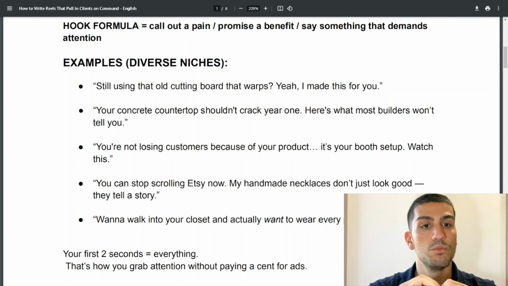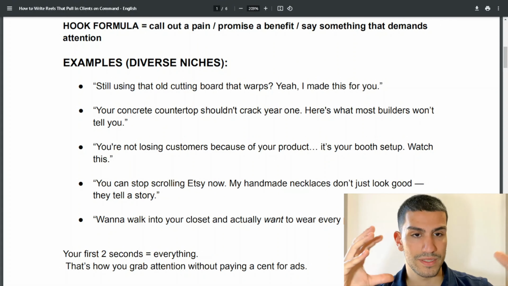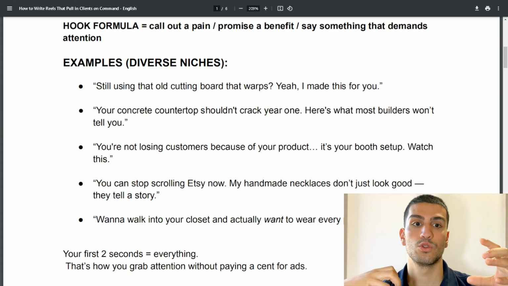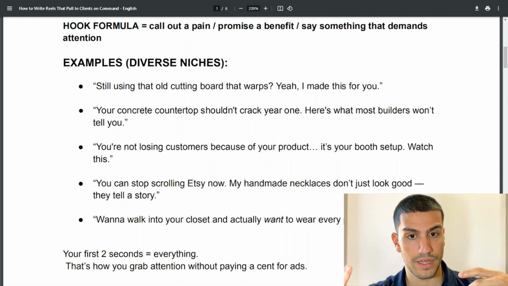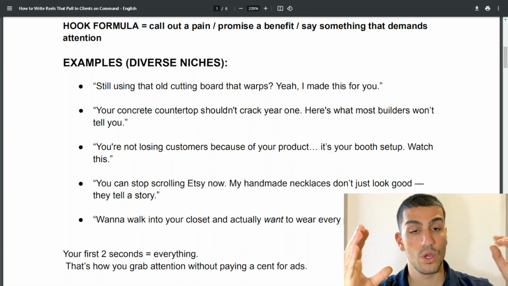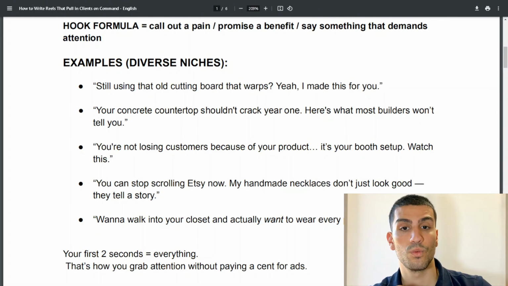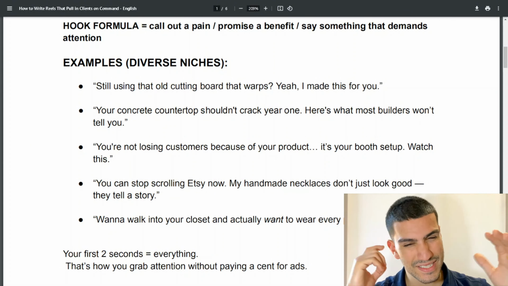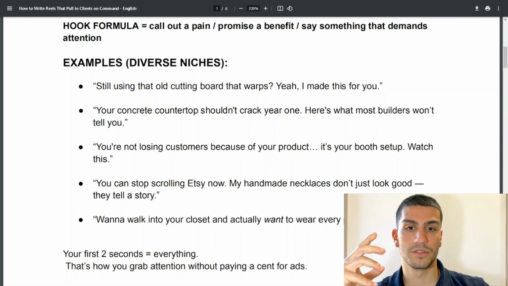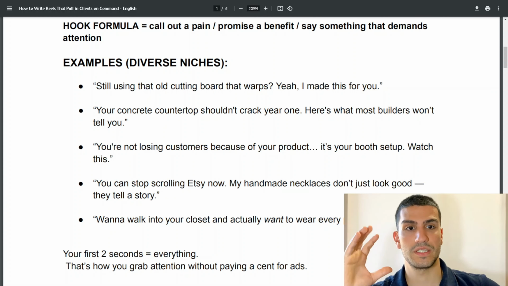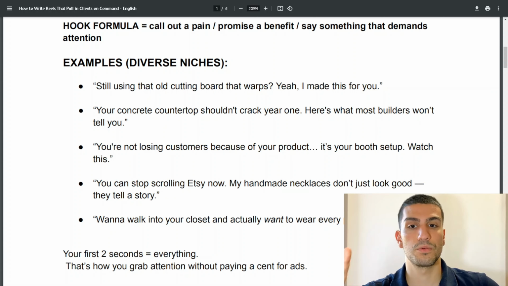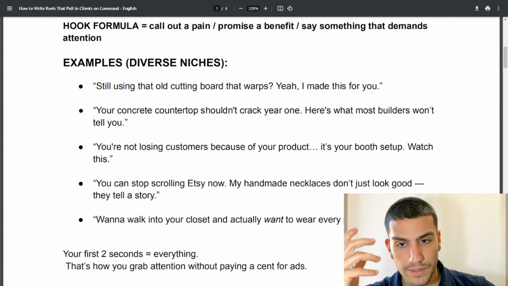So here they removed this part. They just stated the problem and stated the solution afterwards, and told them, watch this in order to know why. It's a little bit different, but it's kind of the same. It's a hook. It hooks perfectly. It works perfectly.